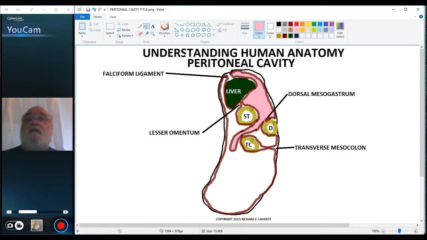So what we're going to see is that the dorsal mesogastrum will dip down like so.